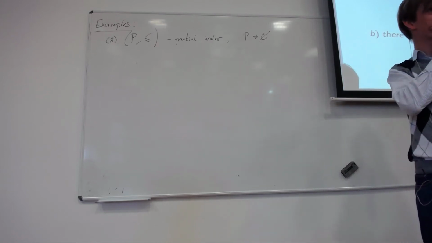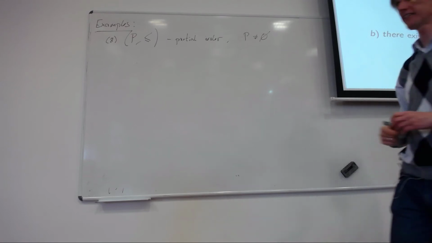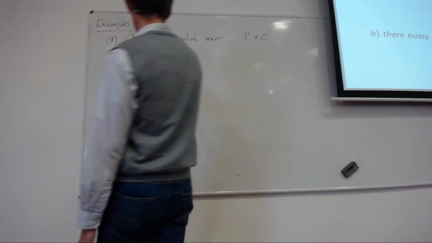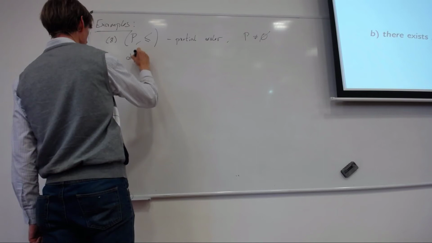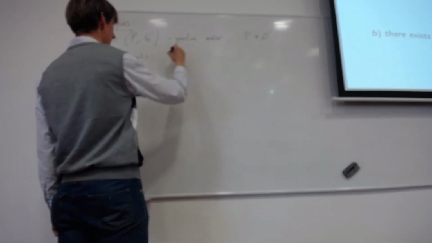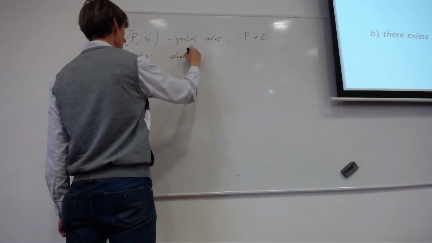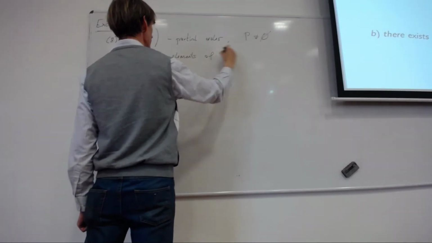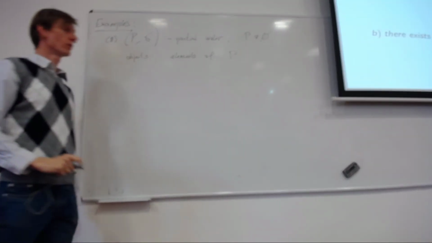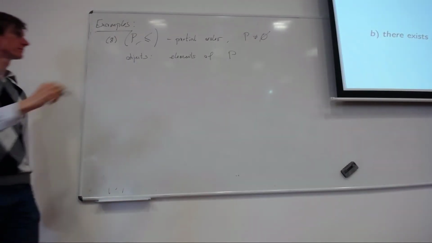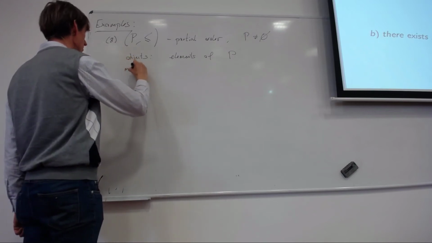Well, this is actually a category. Why is that? Well, objects are elements of P. Well, how about arrows or morphisms?